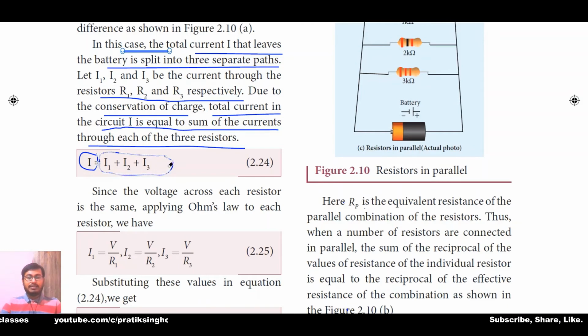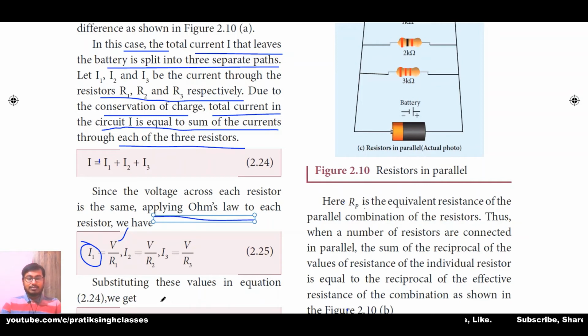Since the voltage across each resistor is the same, because they are connected to the same terminals of the battery, applying Ohm's law we have I1 is equal to V by R1, I2 is equal to V by R2 and I3 is equal to V by R3.